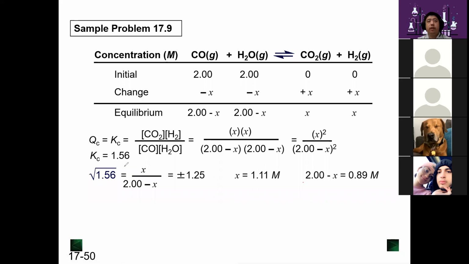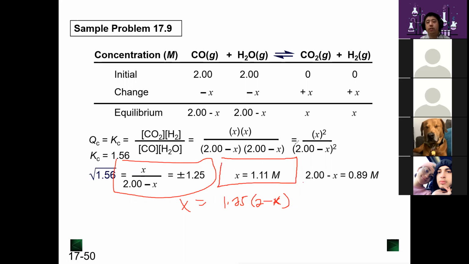Right here, you take this equation right here. So x is equal to, if I move the 2 minus x to the other side, 1.25 times (2 minus x). I multiply this out, do the distributive property, solve for each one, move the x's to one side and the number to the other, and you should end up with this number here. Does that make sense? Yes. Okay.